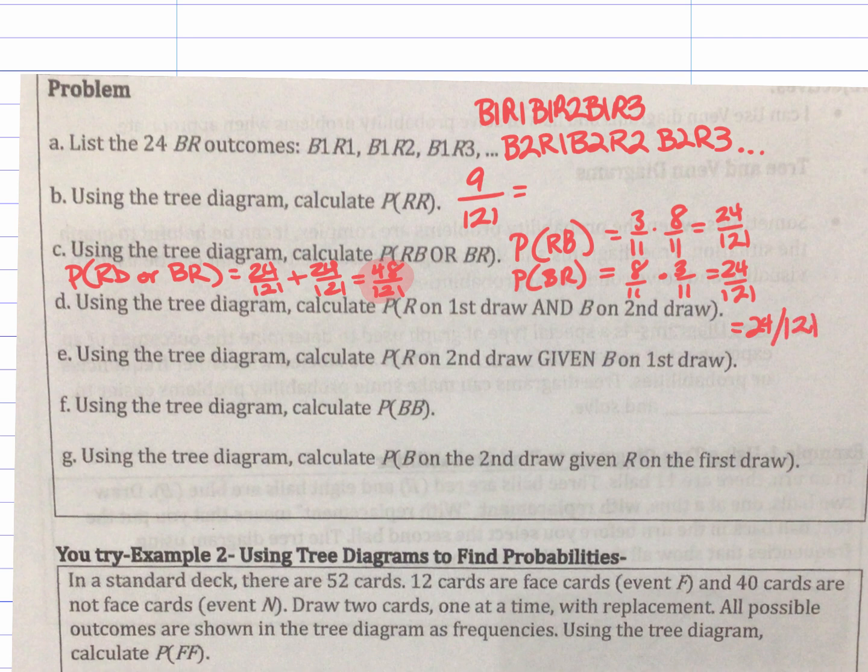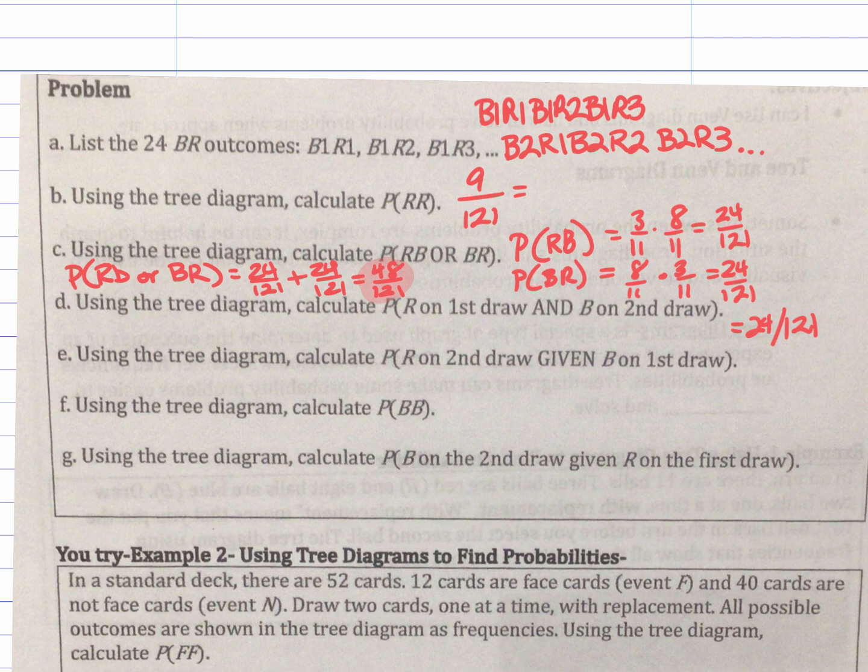Okay. Using the tree diagram, calculate the probability of R on the second draw given B on the first draw. So in this example, we're actually changing the sample space. 88 total times that happened.